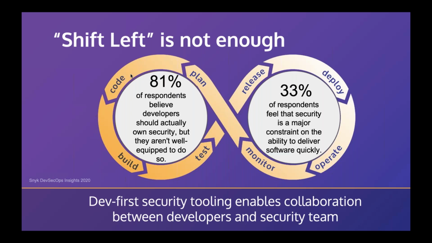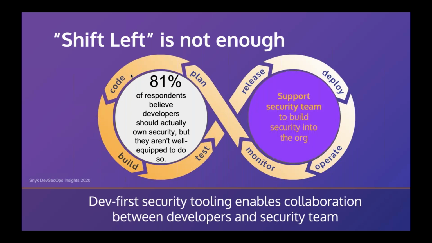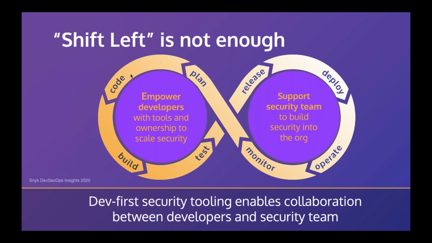The solution should be one that enables developers to move quickly and have security embedded in, on one hand, and on the other hand, empowering developers with tools that they will actually like. So this is when we started Snyk. This was our mission.